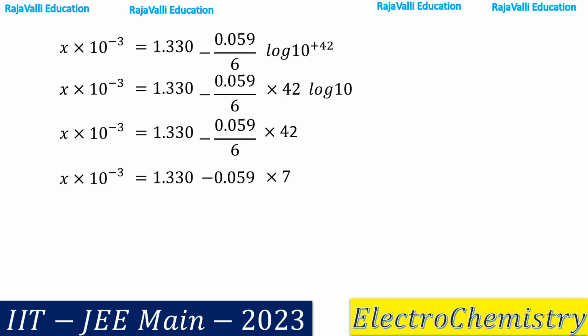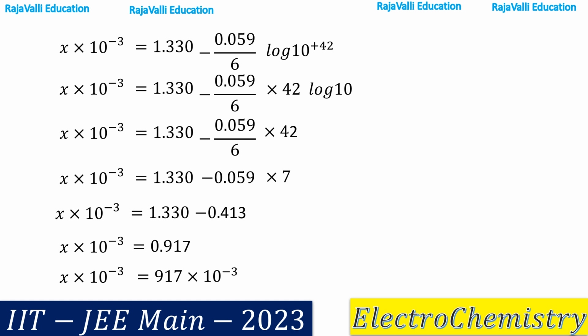So on simplifying these values, we get X into 10 to the power of minus 3 equal to 1.330 minus 0.413. Its value is 0.917. 0.917 we can write as 917 into 10 to the power of minus 3. So the X value is 917. This is the answer.